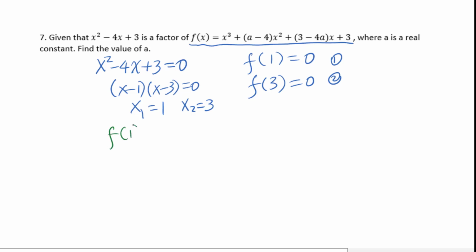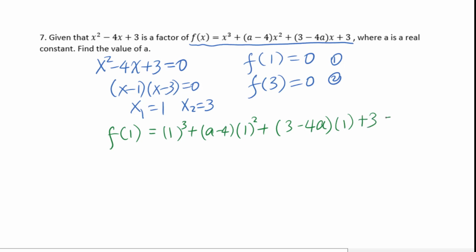For f of 1: 1 to the third power plus a minus 4 times 1 squared plus 3 minus 4a times 1 plus 3 equals 0. 1 plus a minus 4 plus 3 minus 4a plus 3 equals 0.